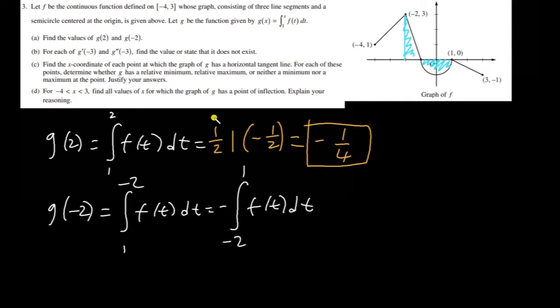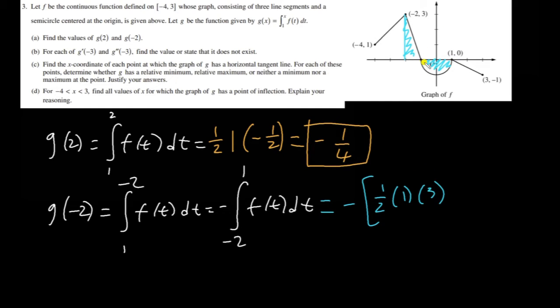Okay, so what's this going to be? We'll keep it. It's going to be negative, right? Don't forget that negative. For this triangle, it's going to be 1/2 times 1, which is the base, times 1, 2, 3, which is the height.